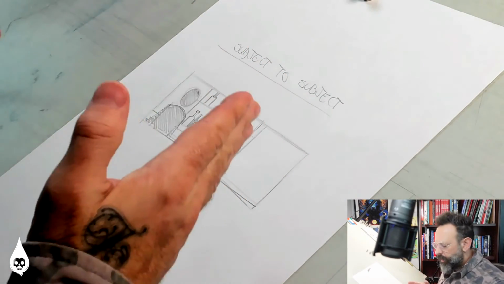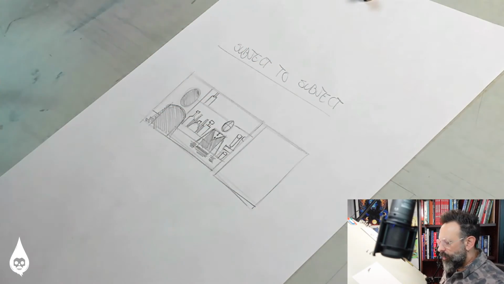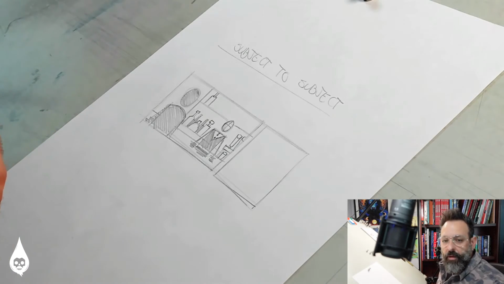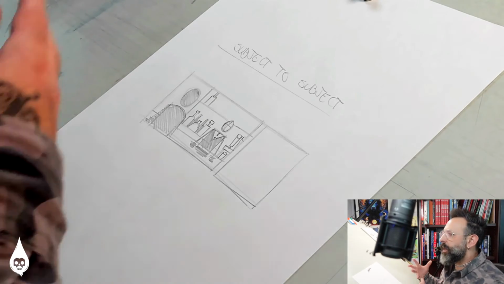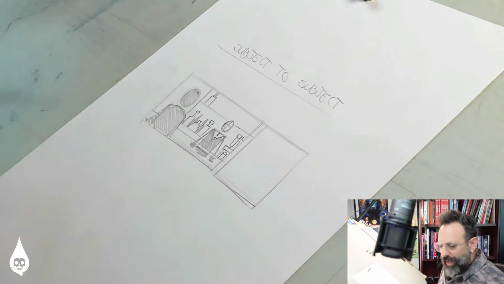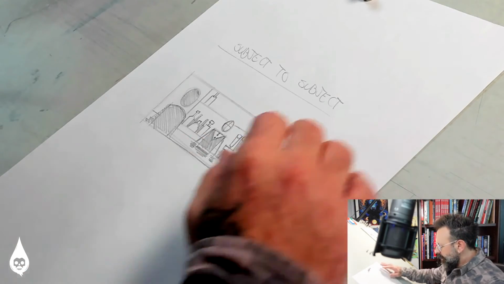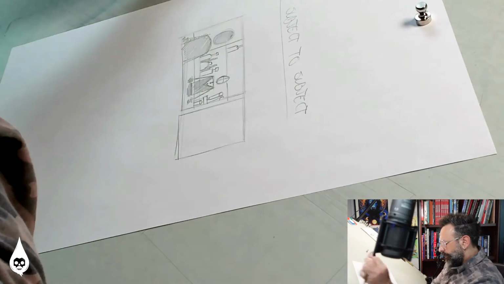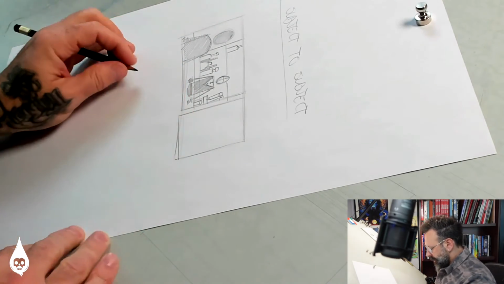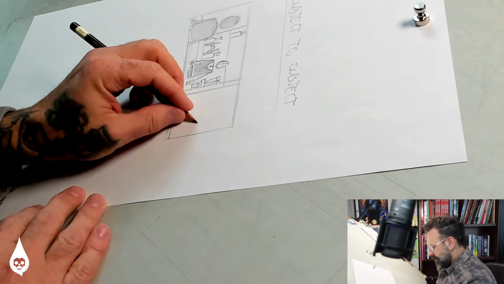All of those moments, if we were to do this all in moment to moment, could take a couple of pages. And in terms of the speed at which your story unfolds, that's slowing down your story quite a bit. And is it necessary? That's a really good question to be asking yourself. Is it necessary?